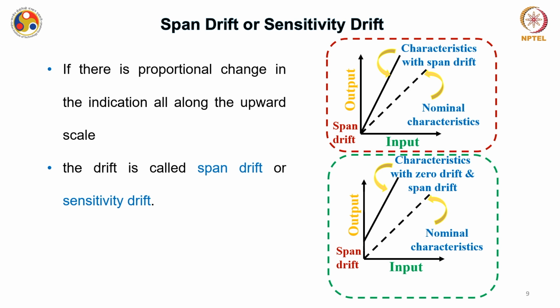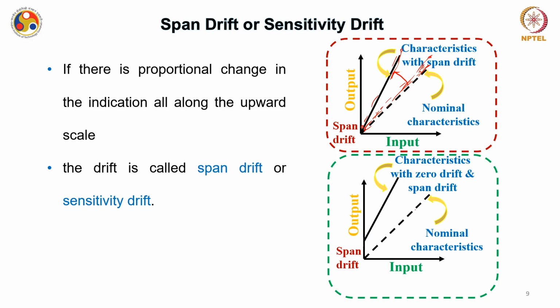Since it appears along the complete span of the sensor, the name is derived. So, this is the nominal characteristic, and this is the characteristic with span drift.